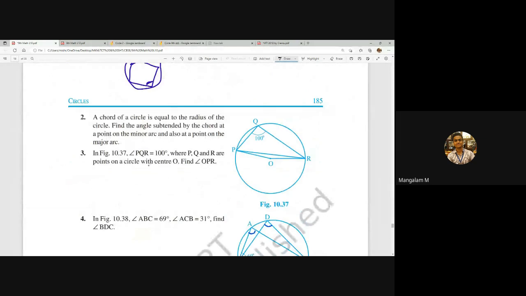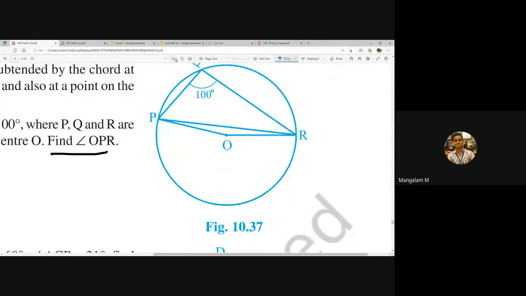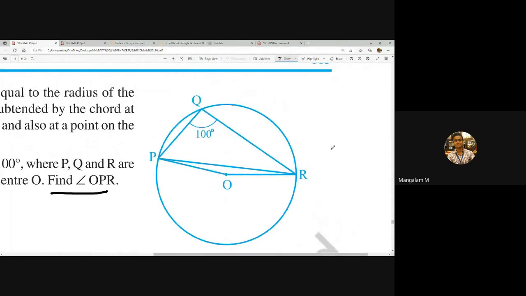Let us discuss question number 3. In figure 10.37, PQR is 100. Find angle OPR. So मैं इसे थोड़ा जूम करता हूं. Right. So we have to find this angle, right?